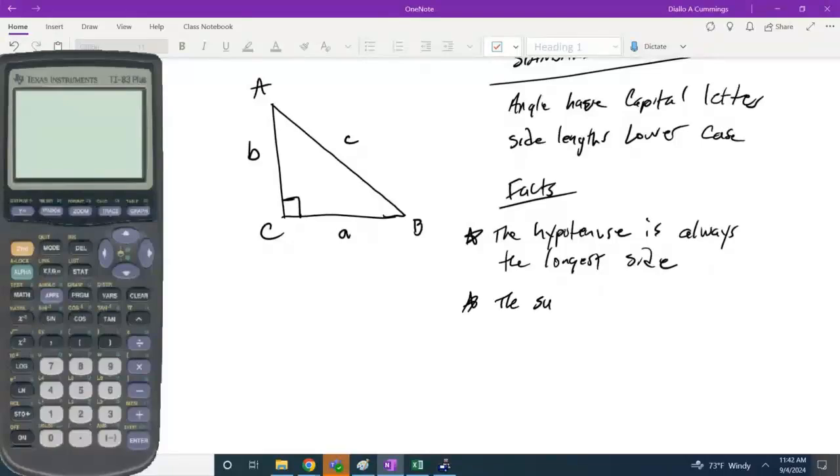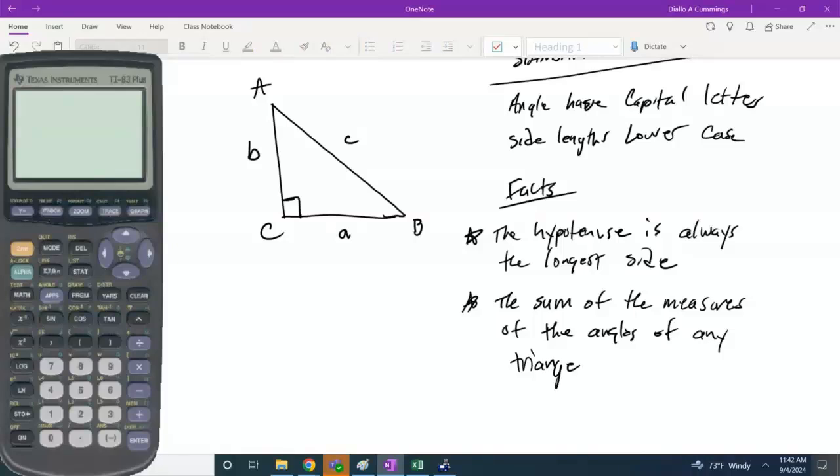The sum of the measures of the angles of any triangle, it doesn't necessarily have to be a right triangle, but any triangle, is 180 degrees.